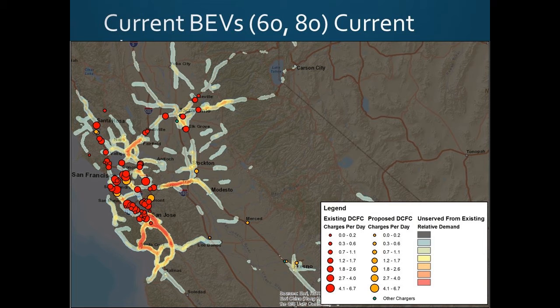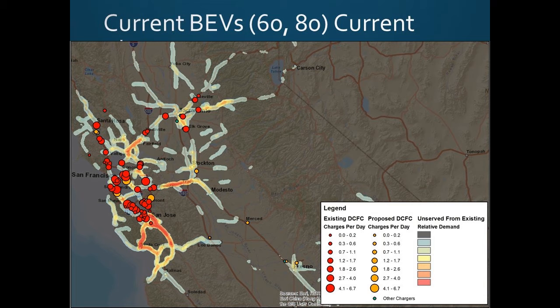You see up here, going to Vallejo, going over to Tracy, and then down from San Jose, Gilroy, and Santa Cruz. If you're familiar with the area, those places would make sense. These are potential areas where BEV 60s and 80s would want to travel given the current distribution of travel and the limitations on how far they would want to go.